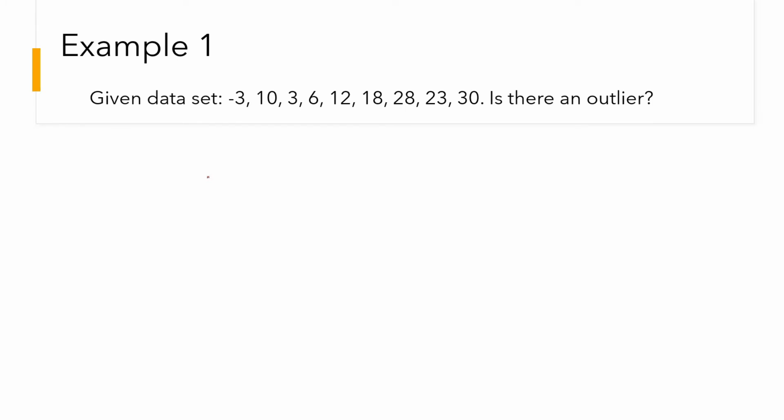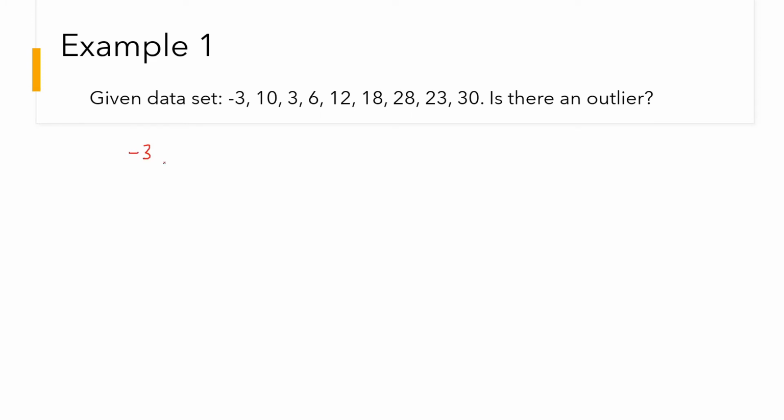Example 1. Given the data set, is there an outlier? Again, to figure out an outlier, we need to calculate the interquartile range. Interquartile range means that you need to figure out the first quartile and third quartile, so we have to figure out the median mark first. We're going to rearrange the data. Data should be in numerical order.